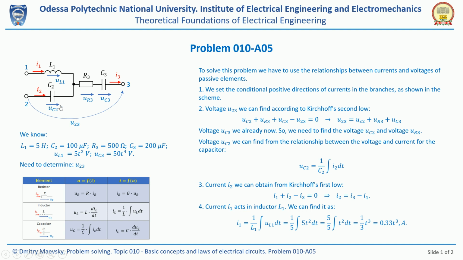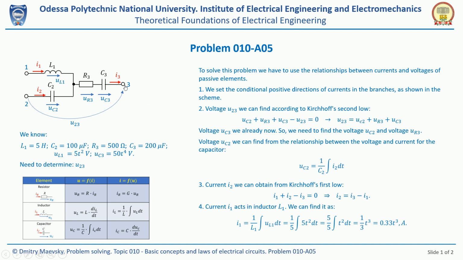Direction of this voltage is the same as our positive direction of this mesh, so UC2 we should take in this equation with the plus sign. Voltage UR3 and voltage UC3 we write down with the plus sign too.